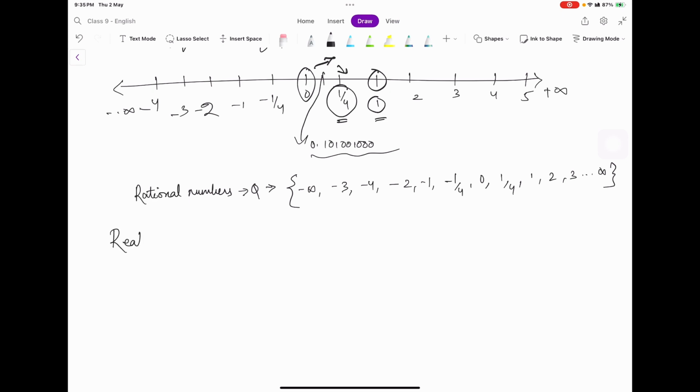Real numbers, denoted by R, are the collection of all rational and irrational numbers.